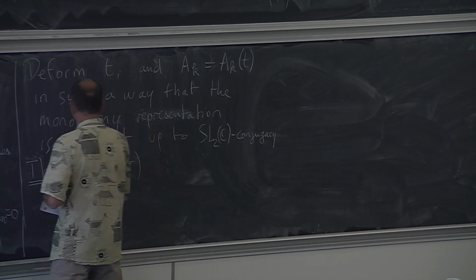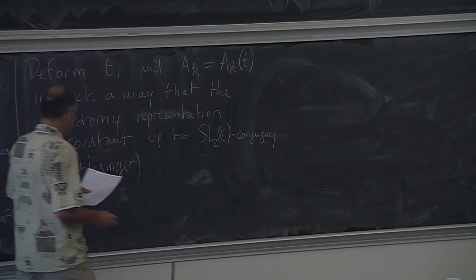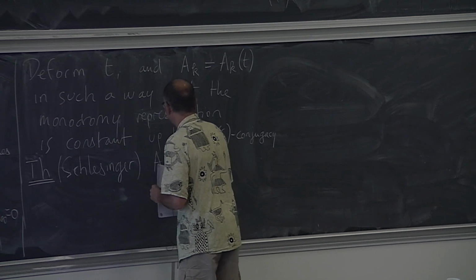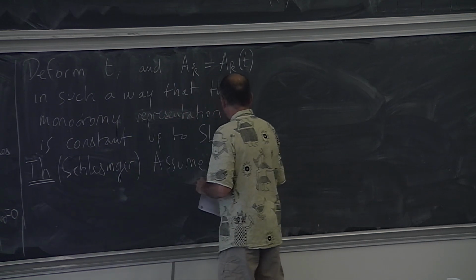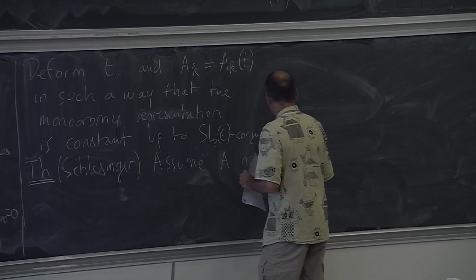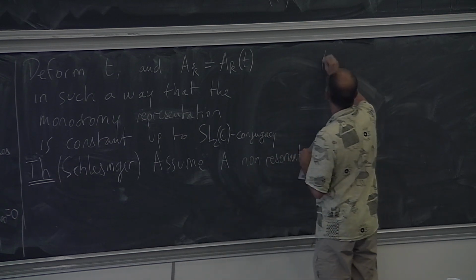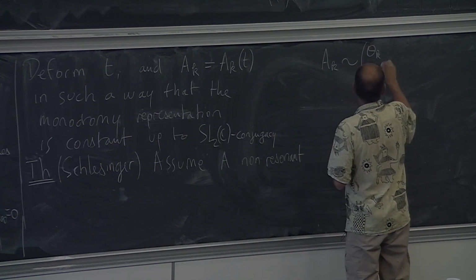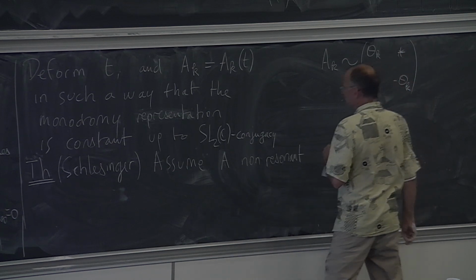In this setting, it is much more general, but in this setting, the theorem is as follows. Assume that A is non-resonant. So I remind you that AK is equivalent to theta k0 minus theta k, and possibly something here.